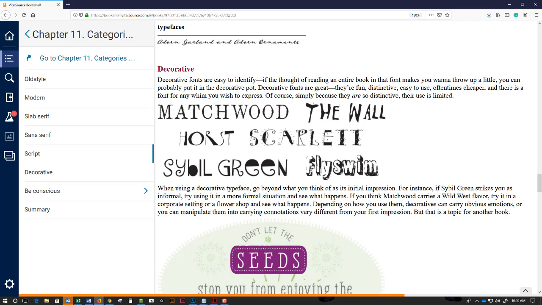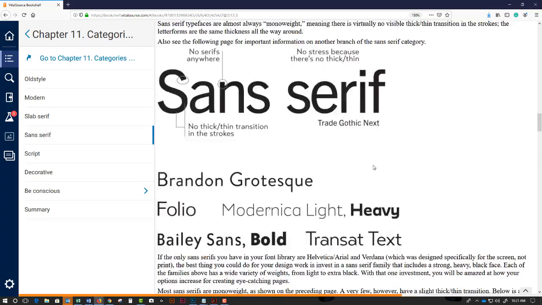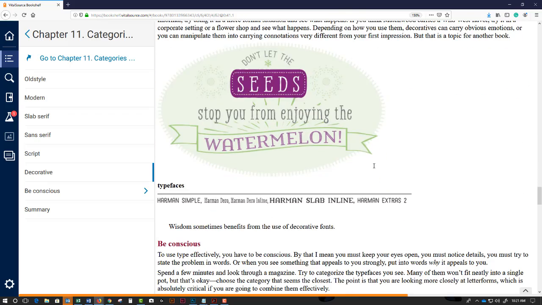You can talk about these things. This is a decorative grunge sans serif. It also has a little bit of the look of an informal script. So these are just hybrids. So I ask students to talk about what they're seeing. I'm not incredibly strict on this. I just, if you can at all relate a decorative serif to any one of these categories, I want you to, rather than just saying decorative and moving on with your life.